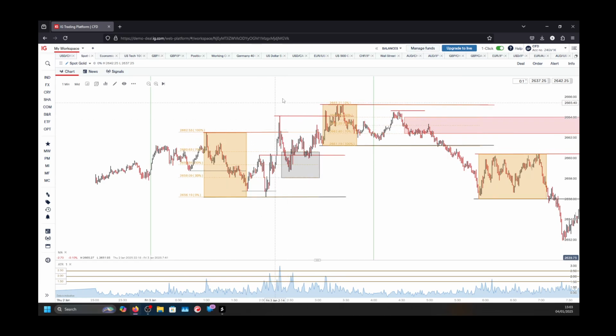So there's a break of structure here and a change in order flow from short to long.